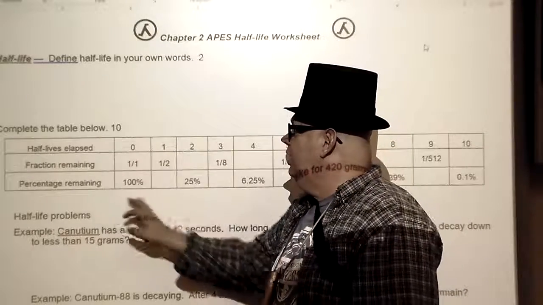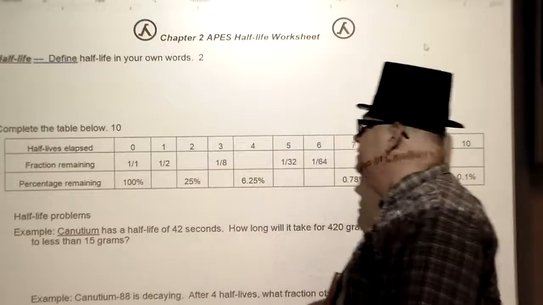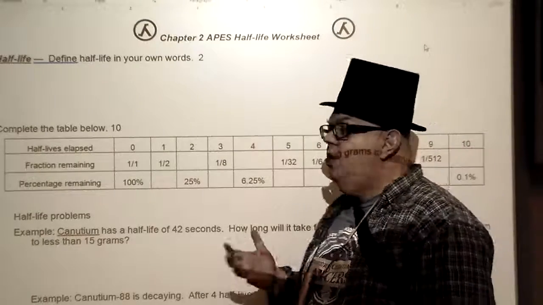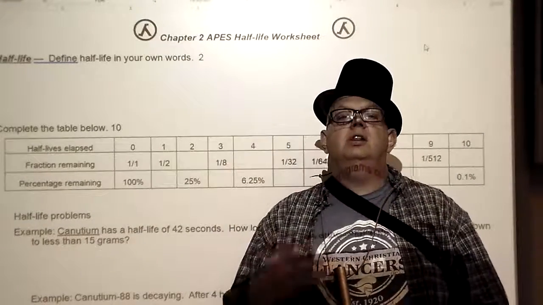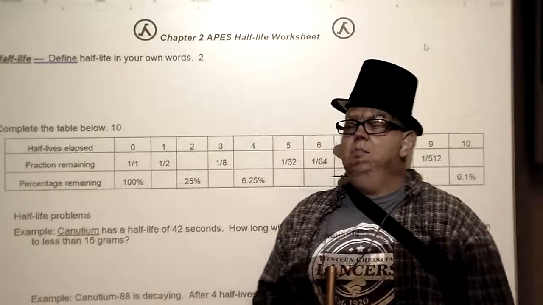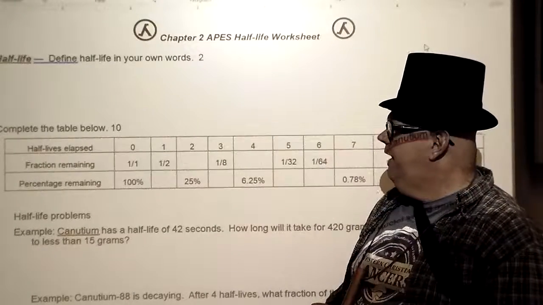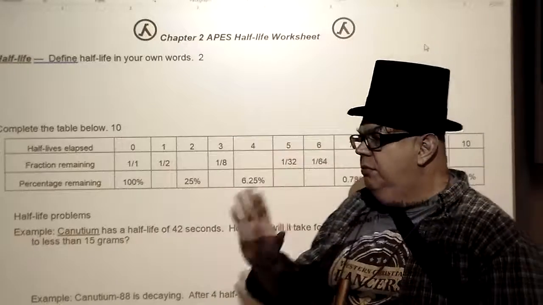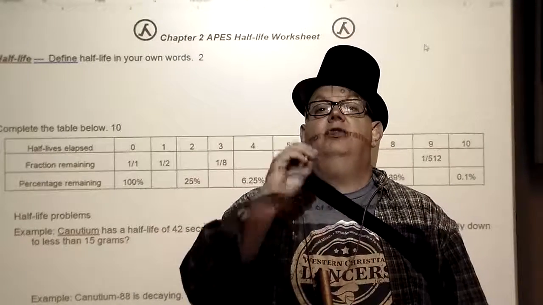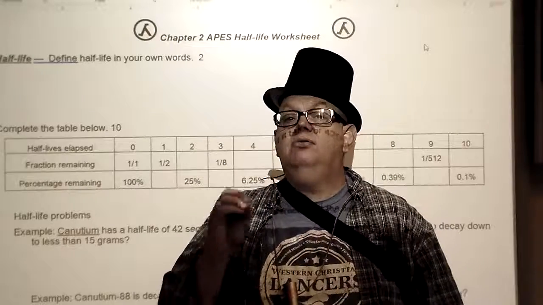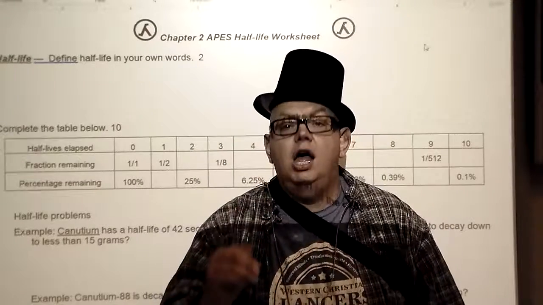So when we look at a table like this here, there are two ways we can look at this. We look at the fraction that's remaining. We can also look at the percentage that's remaining. Now, you must understand that the assumption is that the rate of radioactive decay is constant.